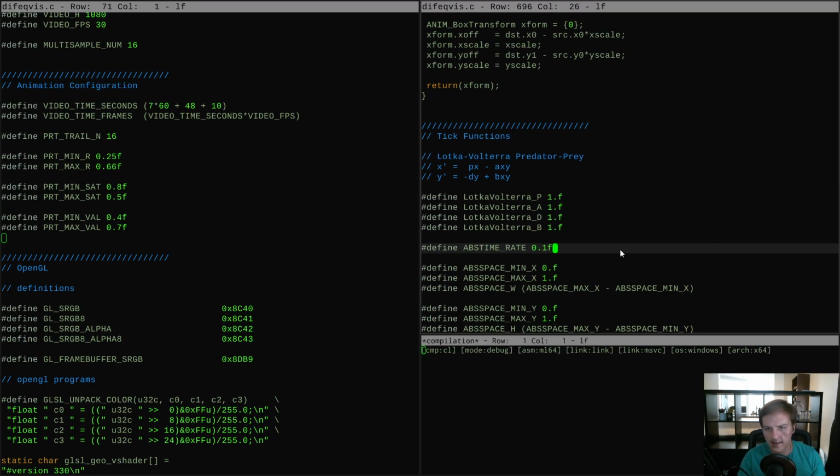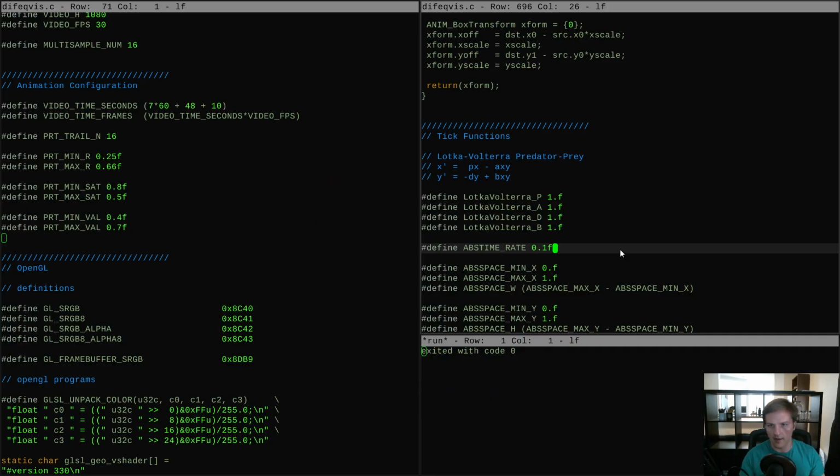Let's slow it down just a little bit. Speed it up more than that. There we go. Now, the space that we are evaluating this in might not be large enough to capture the interesting shapes that are happening outside here.